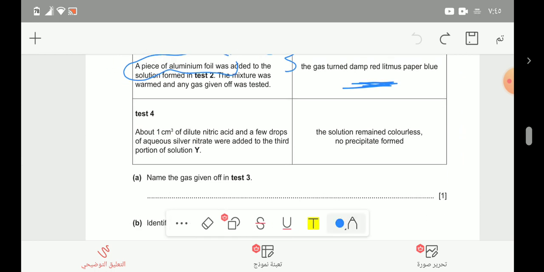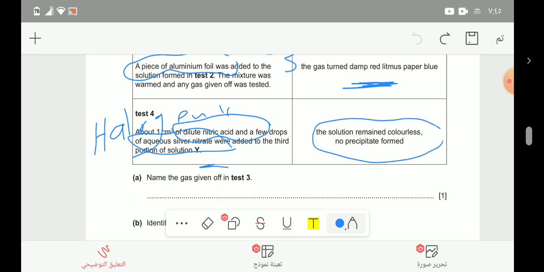The last test: about 1 centimeter cubed of dilute nitric acid and a few drops of aqueous silver nitrate. This is a test for halogens, added to the third portion of solution Y. The solution remained colorless, no precipitate.